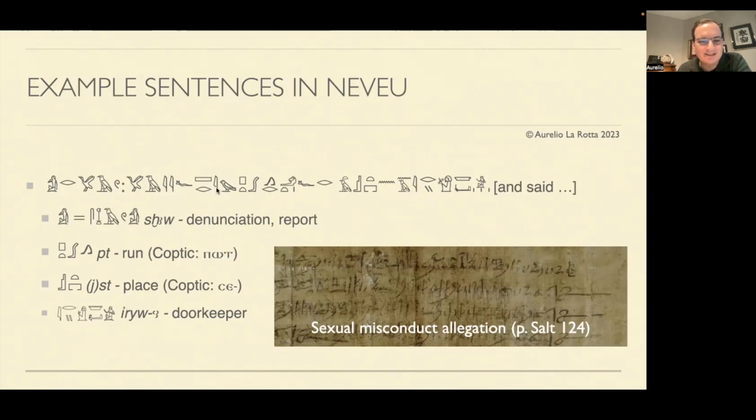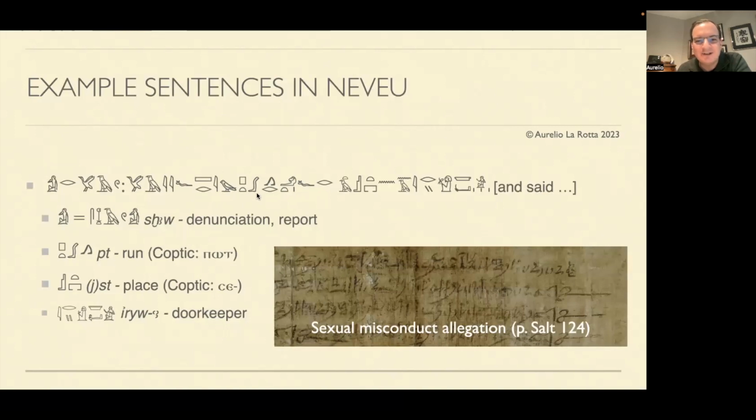so his son. Pat is also in Coptic port, "to run." His son ran erchativ. We had erchativ last time when we were talking about the prince fleeing from his stepmother. Before her, in this case, it's erchatev, so before him, namely the person that the denunciation is about, his dad.